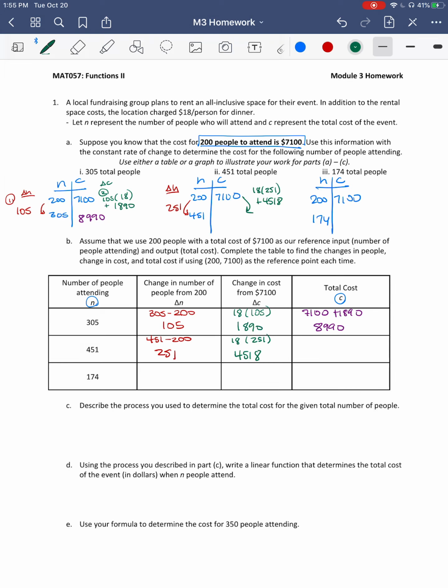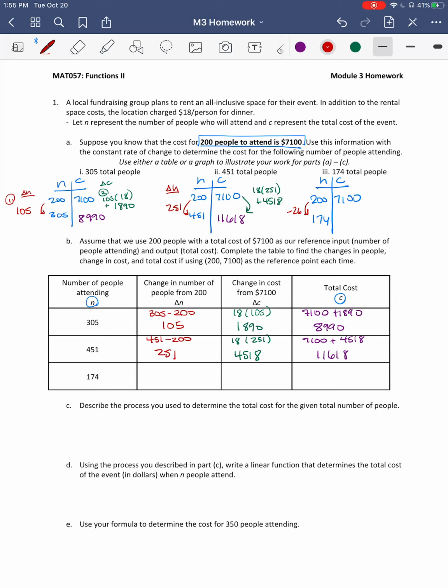And then my final step is that I already knew it was $7,100. Now my cost is going to go up by 4,518. So I'm going to add those, and I'm going to get a total of 11,618.